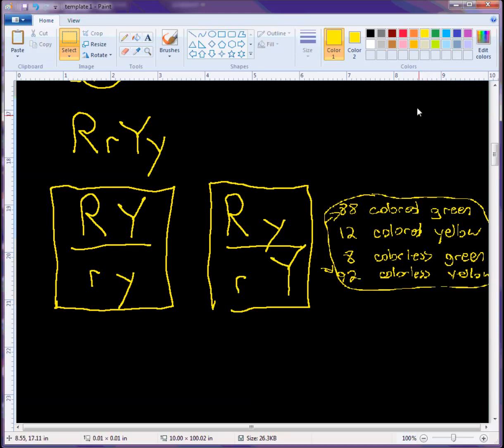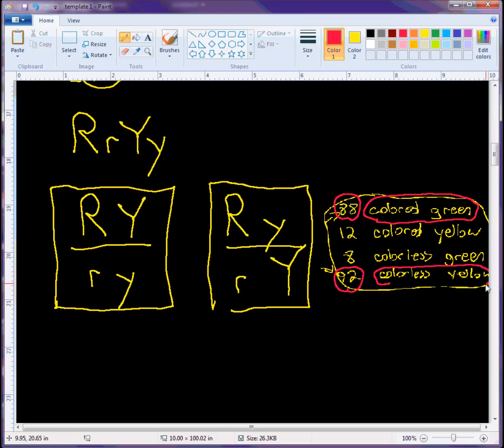So let's take a look here at this 88 colored in green. So 88 there colored in green and 92 colorless in yellow.